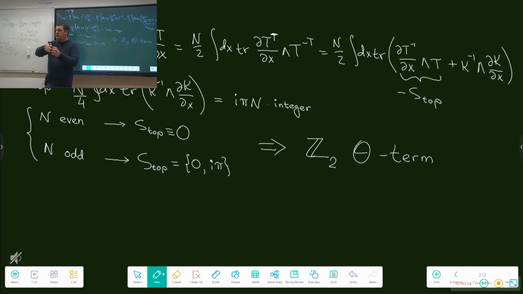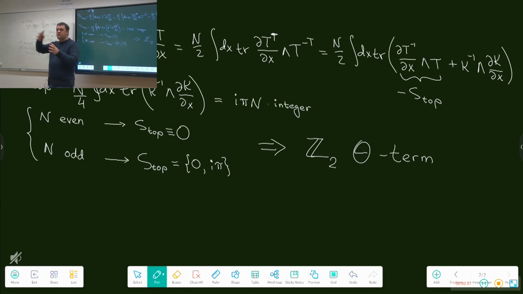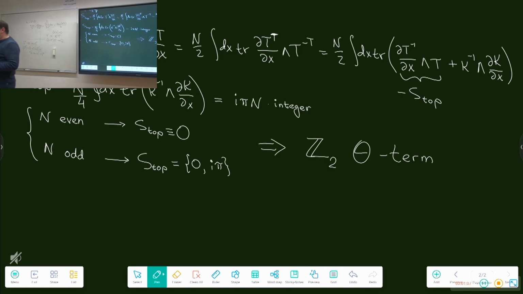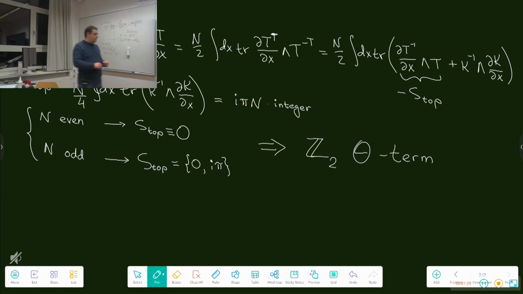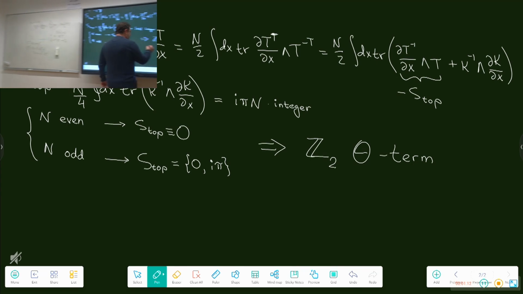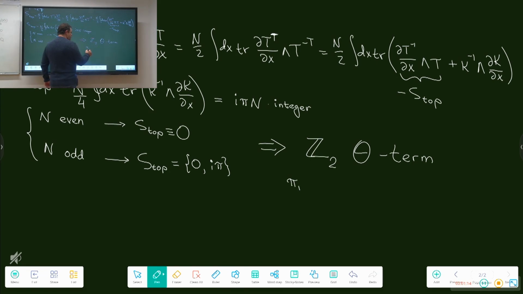Before we had it counted the degree of covering, so it took infinitely many values. I mean, all integer numbers. This one takes only two values. So it happens because pi1 of O(2n) by O(n) cross O(n), it just happens so that this homotopy group equals Z2.